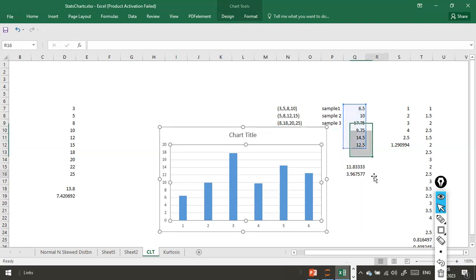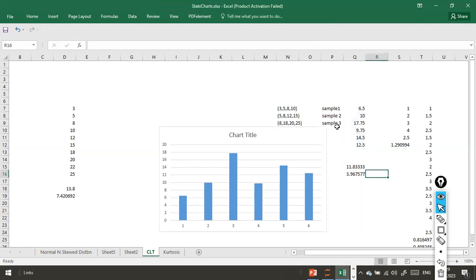When I draw random samples from the population and plot these sample means in the chart, it becomes approximately normally distributed. As the number of samples increases, with more sample means, it becomes approximately normally distributed.